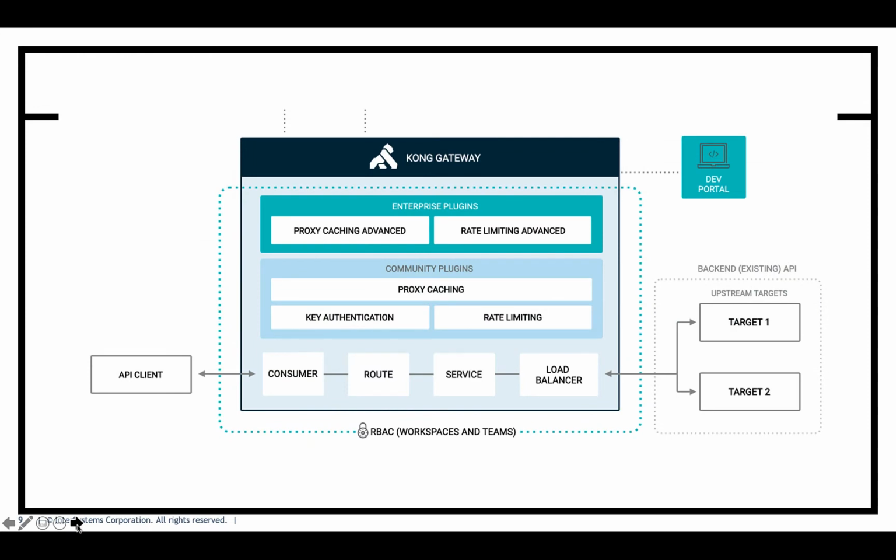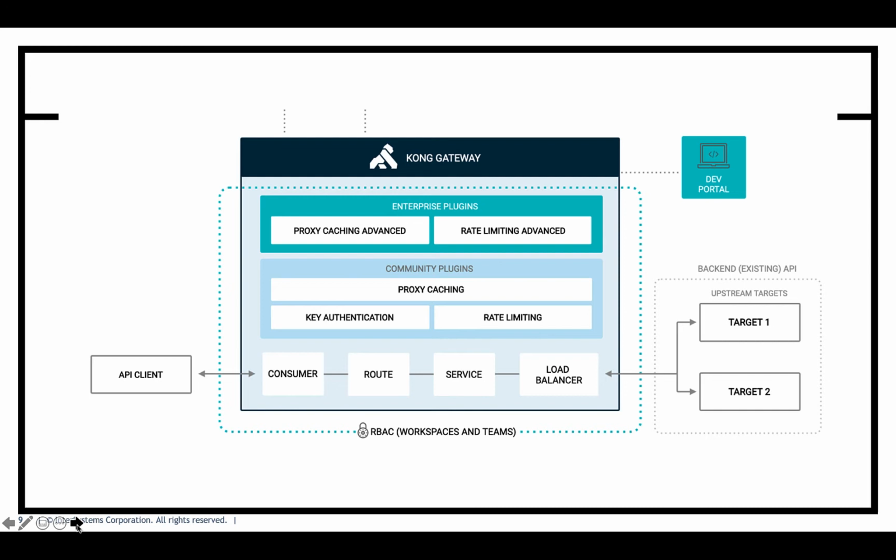So this gives you kind of an overall architectural diagram, very high level. InterSystems API Manager uses a Kong gateway, a partner that we've selected. It sits between your client application, the API client, and the upstream targets, which are, in our case today, the FHIR servers.